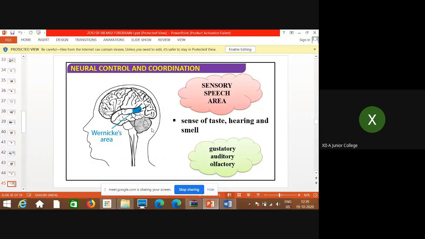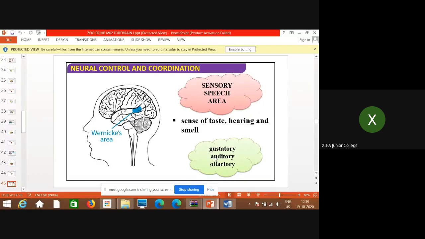Along with these, there is the speech area, also called Wernicke's area, where whatever is read or understood is converted into thoughts, that is the sensory area. Okay, so sense of taste, hearing, and smell.